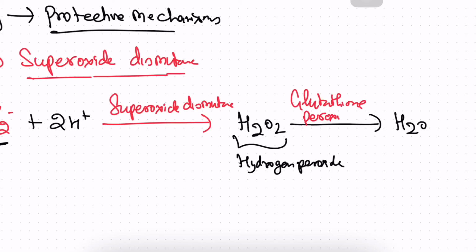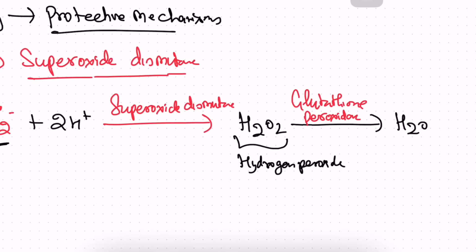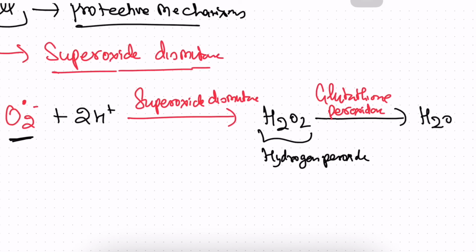peroxidase. Now here I just want to add one piece of information, please correct me. This enzyme superoxide dismutase is going to work when it has, so here two molecules of glutathione, we are going to represent this way.